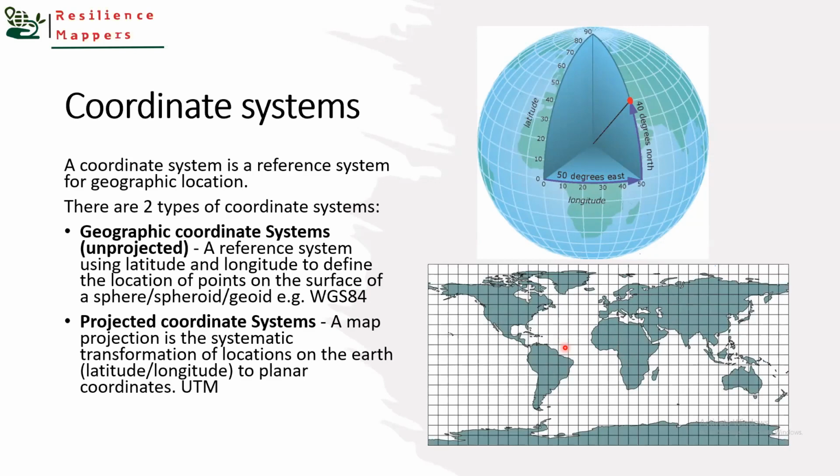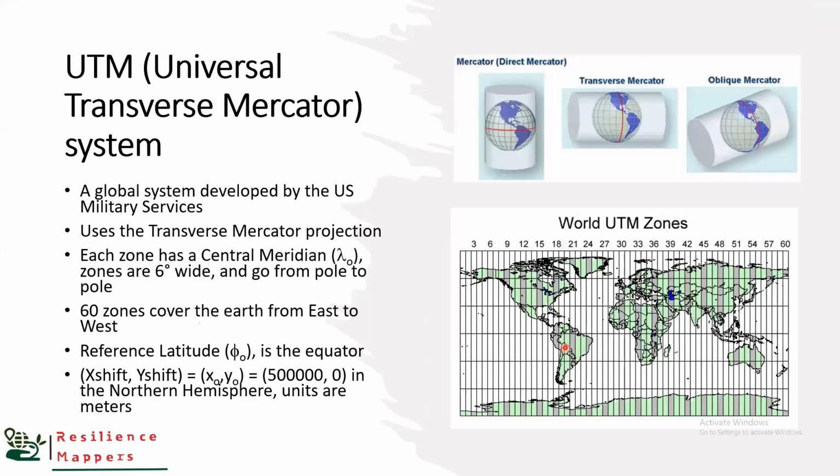For projected, an example is the UTM, Universal Transverse Mercator. It's a system that we use in Uganda, most probably worldwide, and also in neighboring countries in East Africa. The UTM system was developed by the US military services, and it uses the transverse Mercator projection.